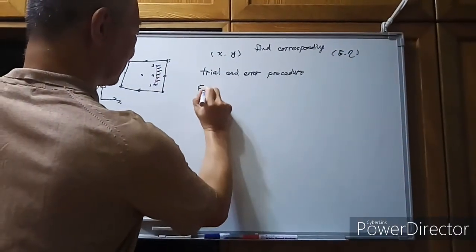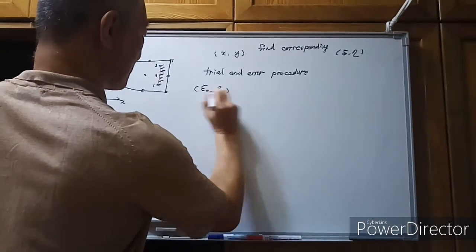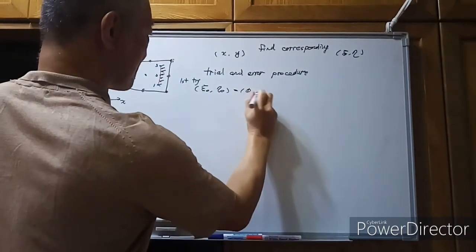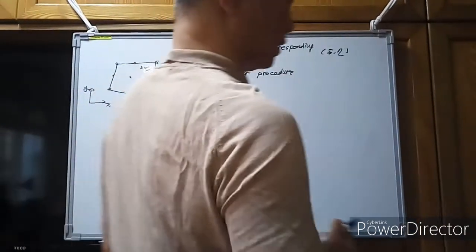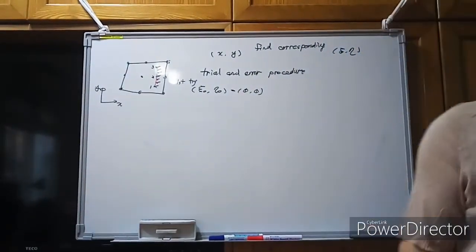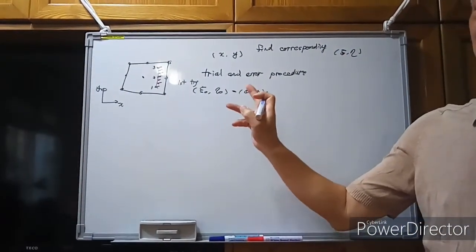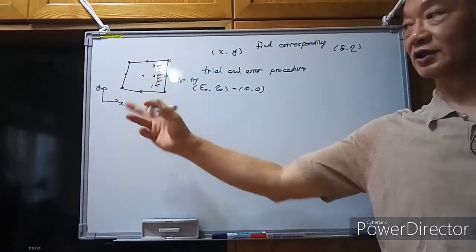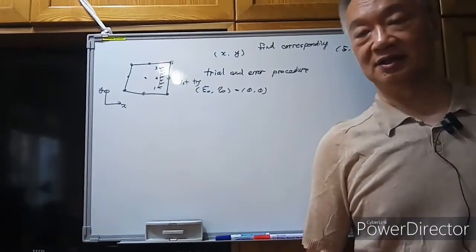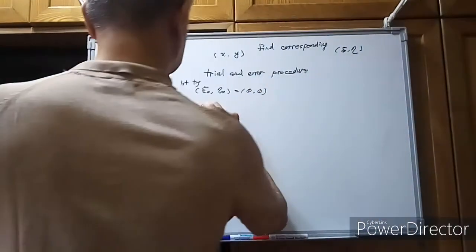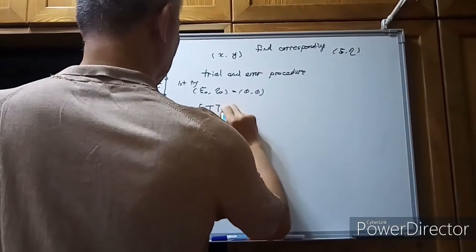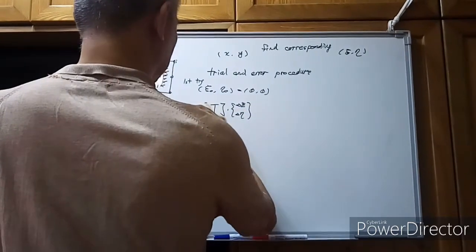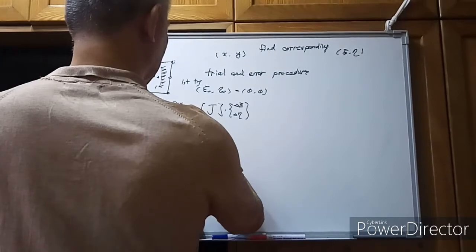Let's try the first try. Probably the first try of the xi and eta, we will use 0 and 0, which is just the center point of the master element, and then we can calculate the Jacobian matrix and multiply by the delta xi and the delta eta, which is equal to the delta x and the delta y.